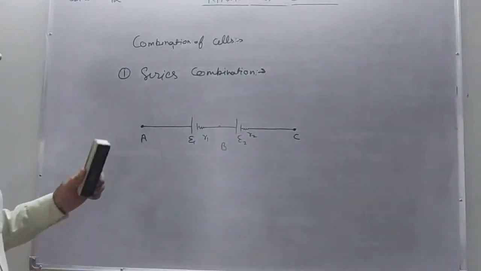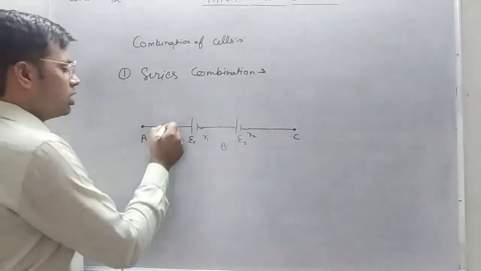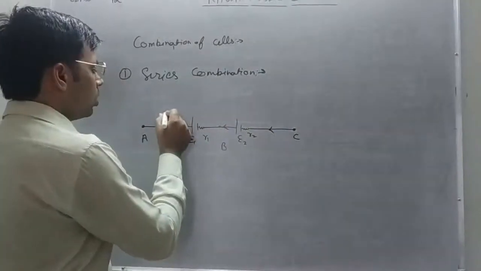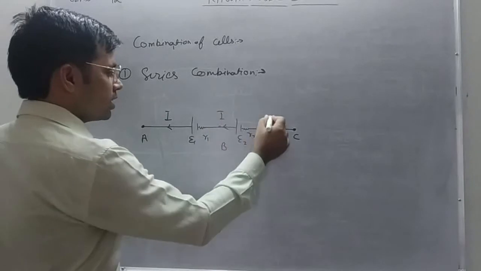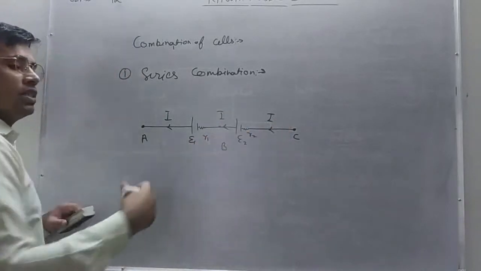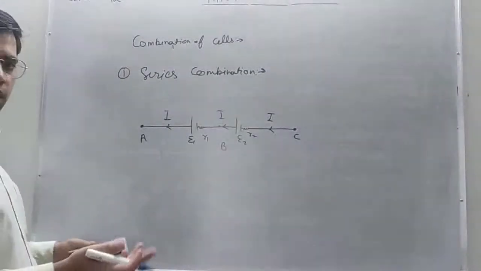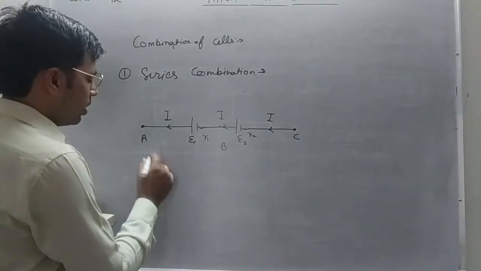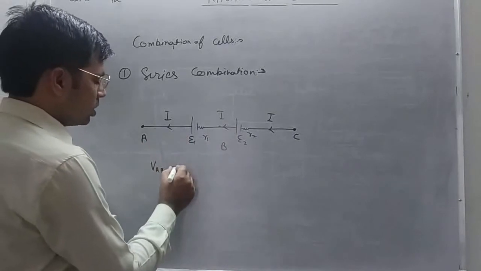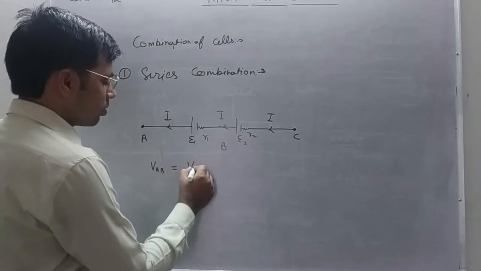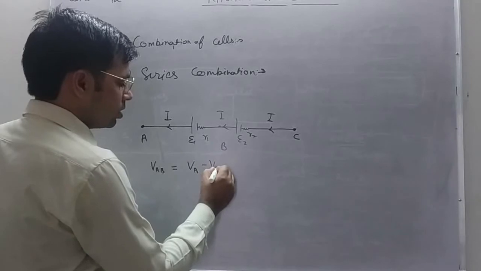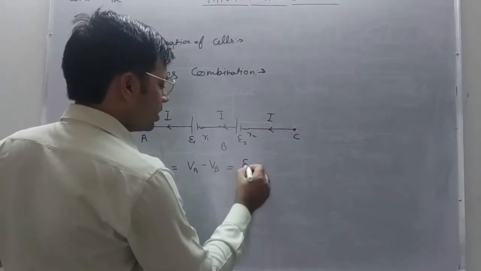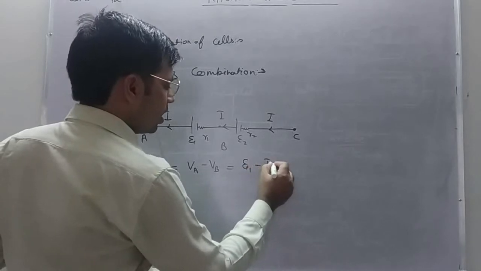Now in series combination, we know that the same amount of current flows through all the devices. So here the current is I, here the current is I, but the potential is different across all the devices. Let's say the potential across terminals AB is VA minus VB, and we can write it as E1 minus IR1.